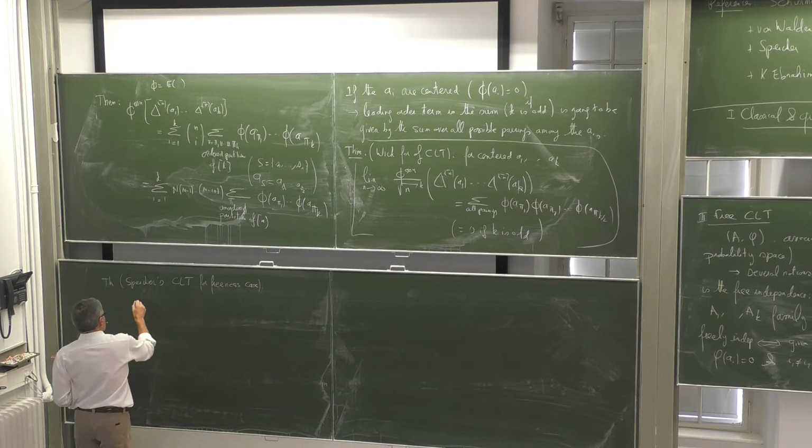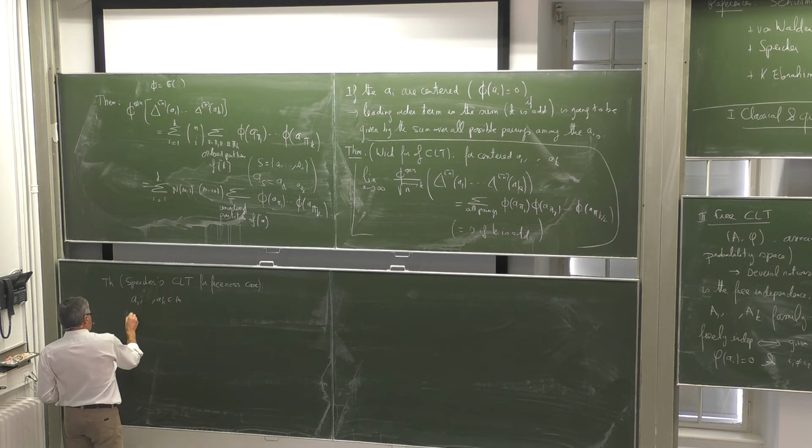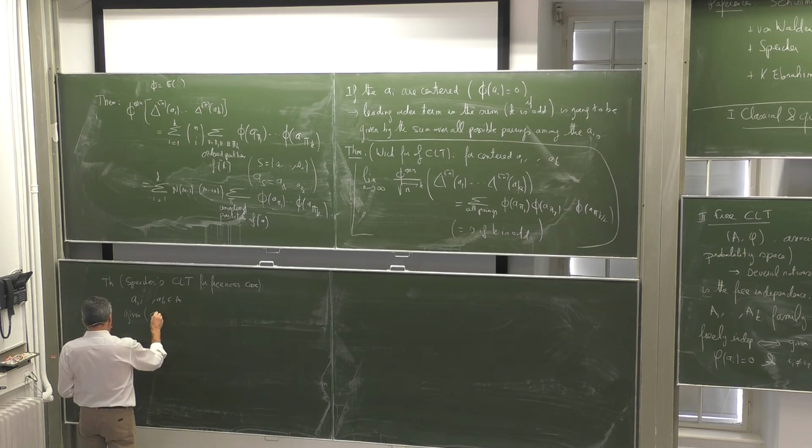Which says the following: assume that you start from a sequence of random variables and you take independent copies of this family.